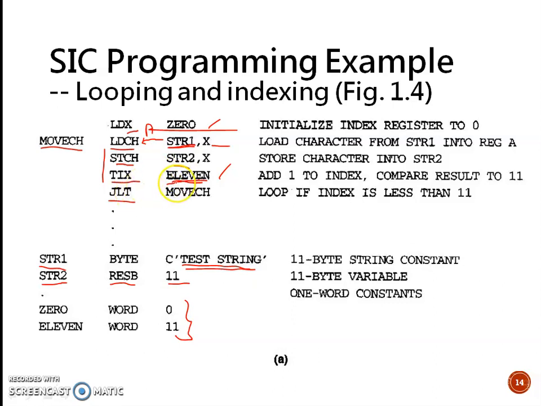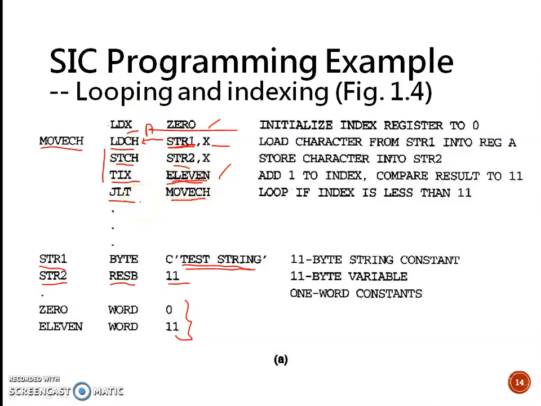That is after comparing, if the result is less than 11 it needs to jump to MOVECH. Okay, TIX means it will be adding the index register by 1 and then compares the result with the operand, that is here it is 11.